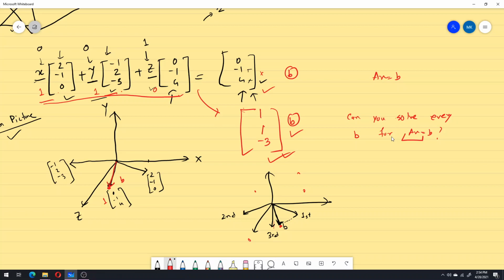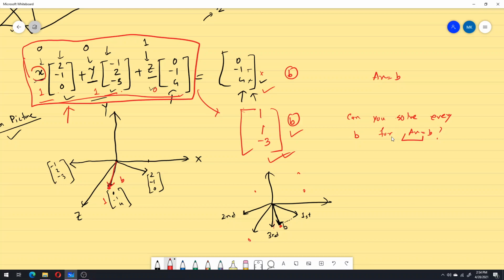I think you already know the answer. The answer lies here. I told you in the previous class that this is the linear combination of vectors.